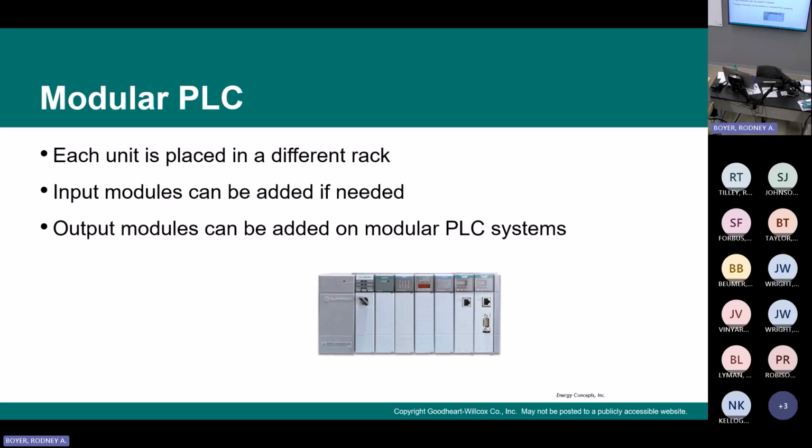There's a big number of slots that you can populate with various types of I/O, or these are just modular. They're not rack-based. To add a module, you just literally set it on the DIN rail next to it and plug the cable in. They daisy chain together. If you take that cover off, this ribbon cable is coming from this module.